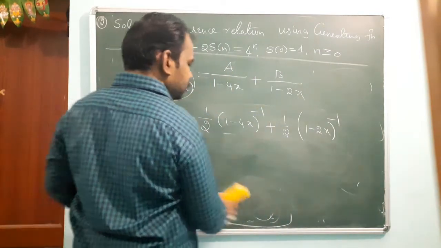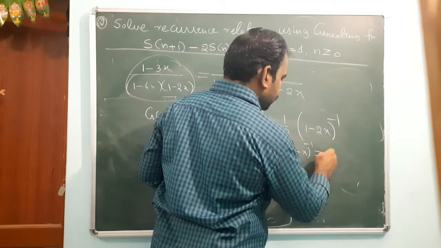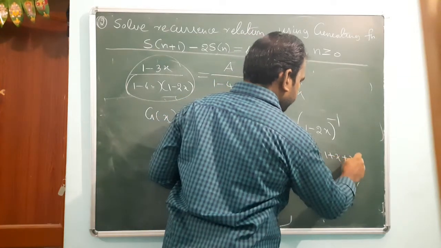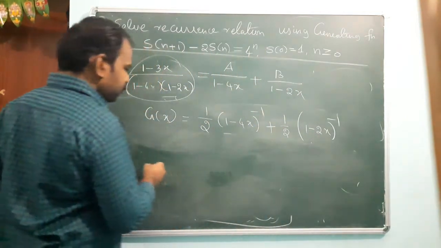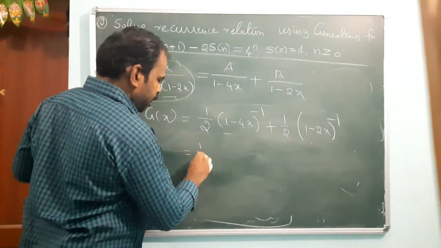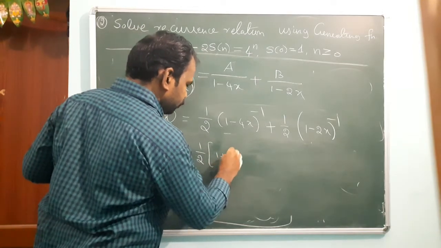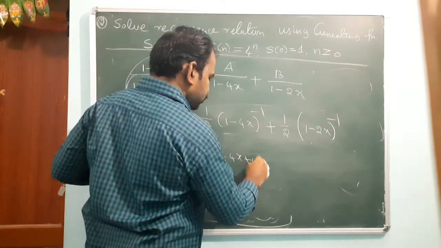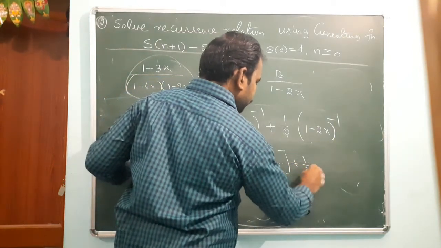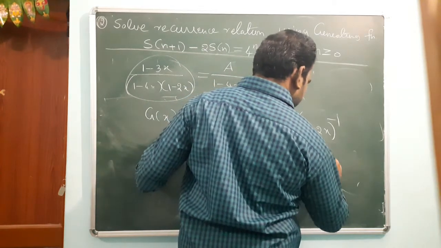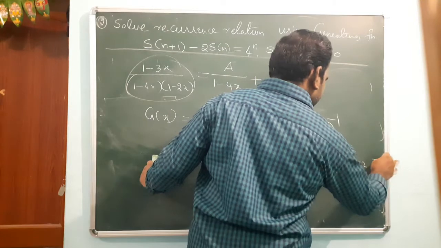We know the formula: (1 minus x) whole power minus 1 is 1 plus x plus x square plus etc. Using this result, we write 1 by 2 (1 plus 4x plus 4 square x square plus etc.) plus 1 by 2 (1 plus 2x plus 2 square x square plus etc.).